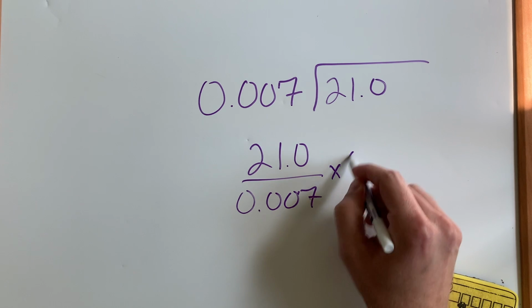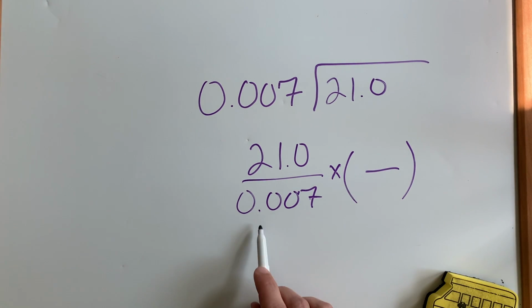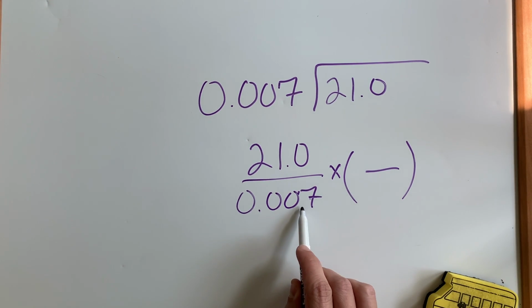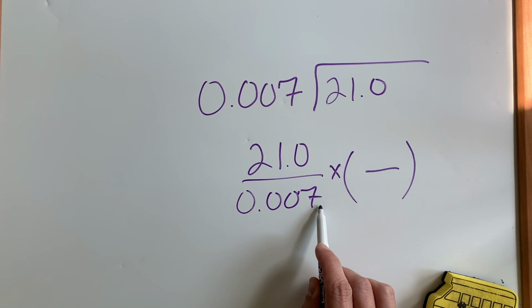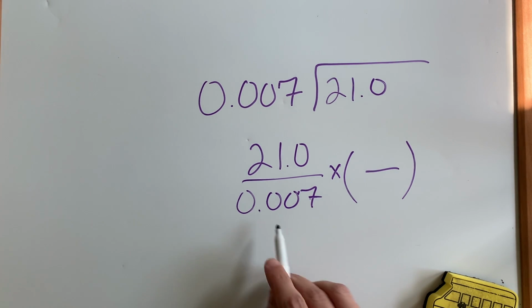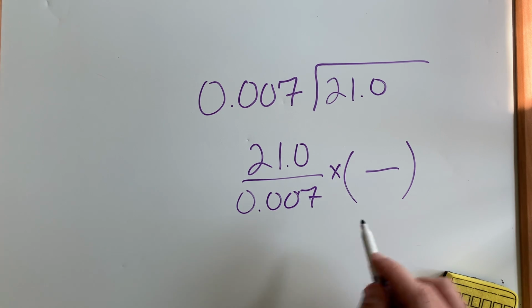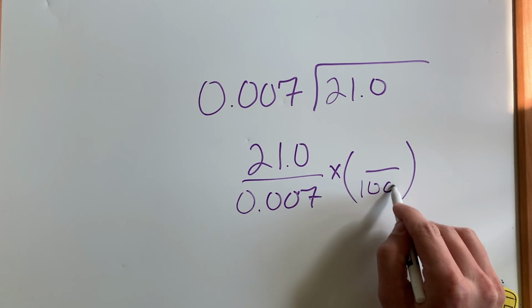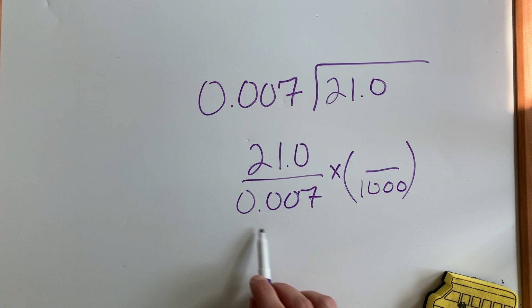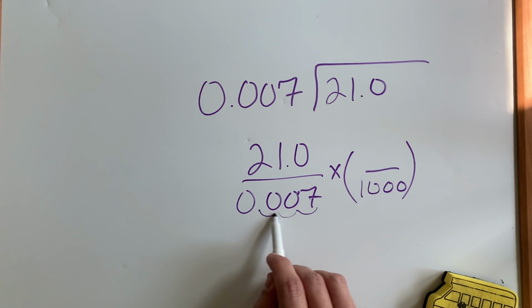Now to get a whole number, I need to move 1, 2, 3 decimal places to get a whole number. So I need to multiply by how much? By 1,000, because 1,000 has 3 zeros, 3 spaces.